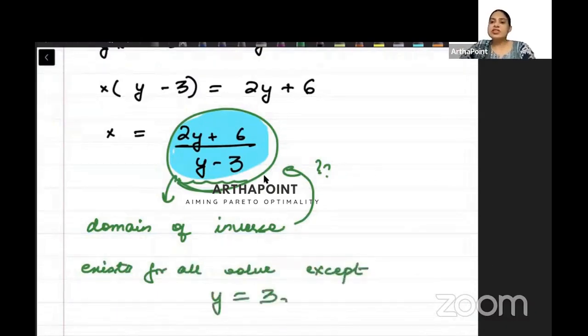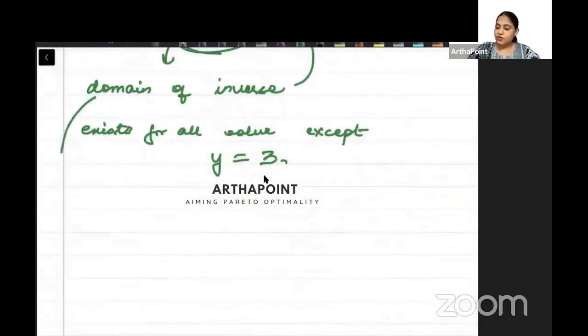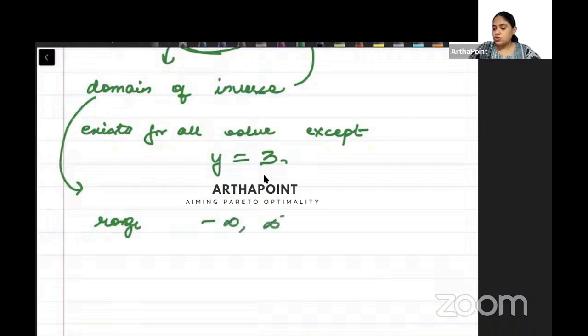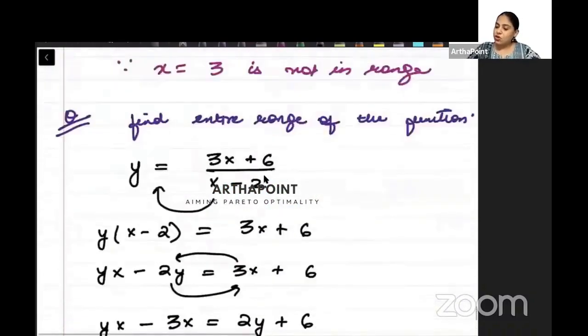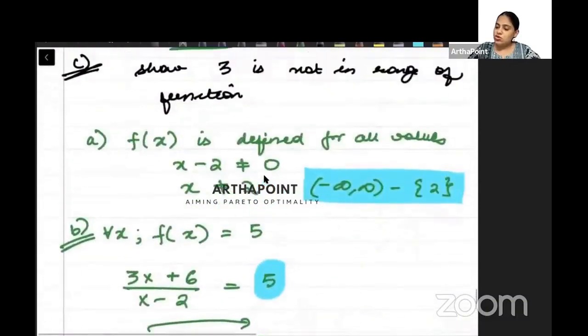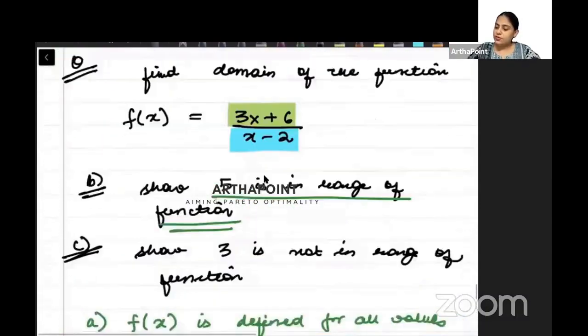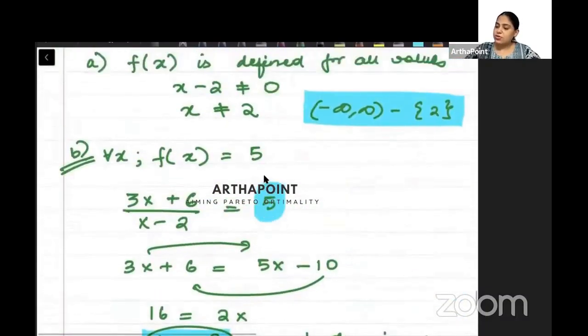When y is 3, this will not exist. अगर y का value 3 है तो ये defined नहीं है. Otherwise, it is defined for all values. So what will be the range, बच्चे? Domain of the inverse. और इसका क्या domain आया? All values except 3. So the range of the function is all values except 3. And the domain of the function is all values except 5. Oh, sorry, except 2. This is the domain. Okay.